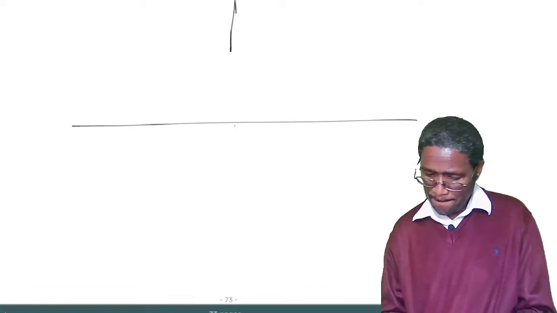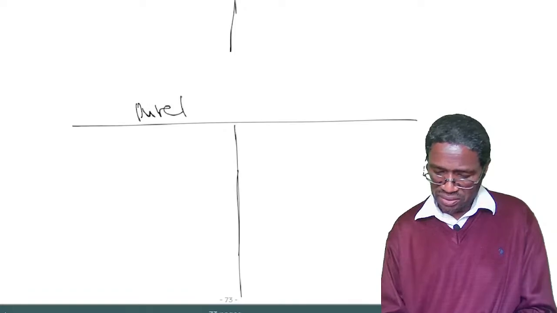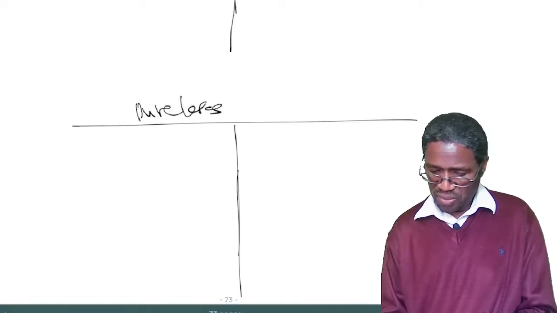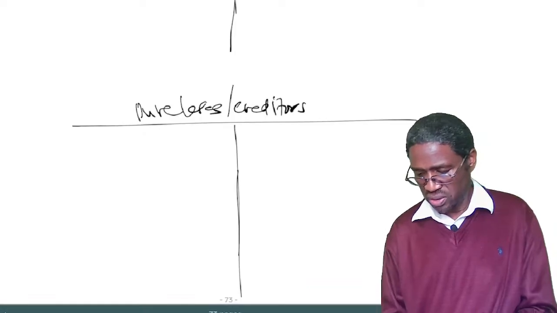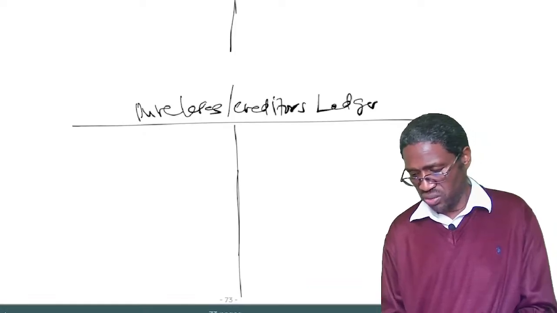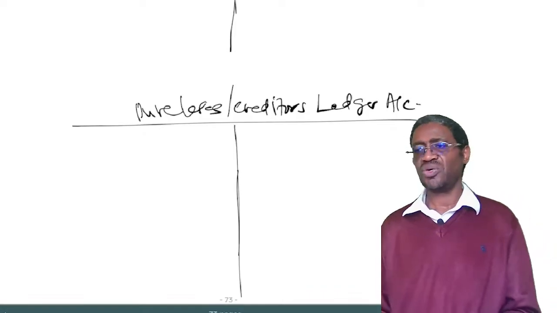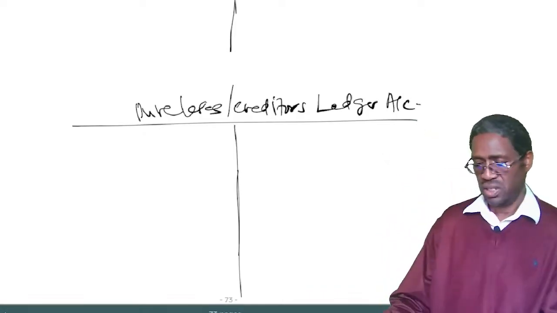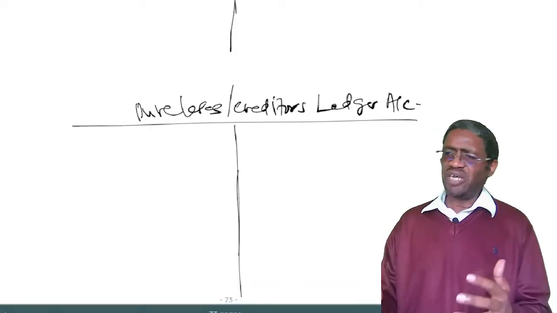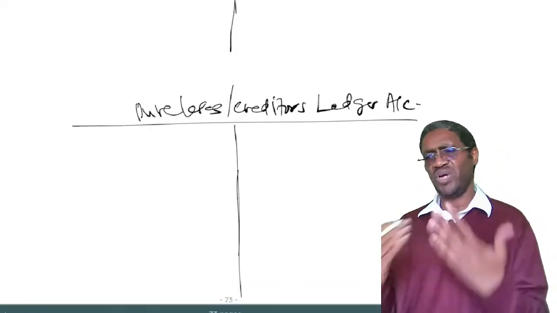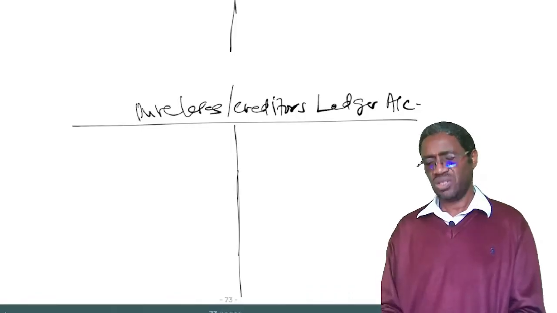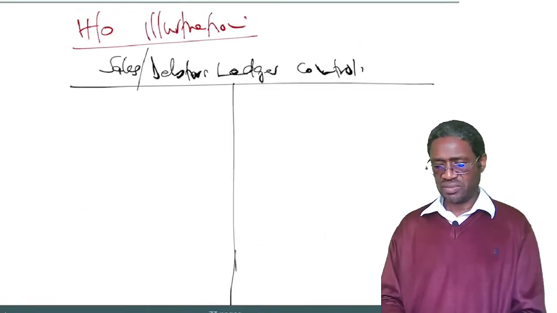Call it Purchases stroke Creditors Ledger control account. Good. So we go one item at a time. If it's affecting creditors, you enter it in the creditors account. If it's affecting debtors, you enter it in the debtors account. Good. So let's go start.